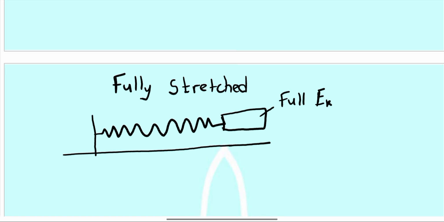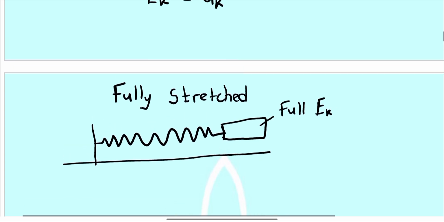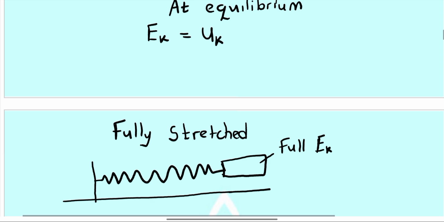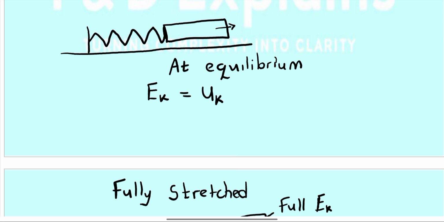That is basically the important concept about 15.1 in the textbook. You have to understand the differences between the positions at which the spring is stretched and be able to draw these energy diagrams.